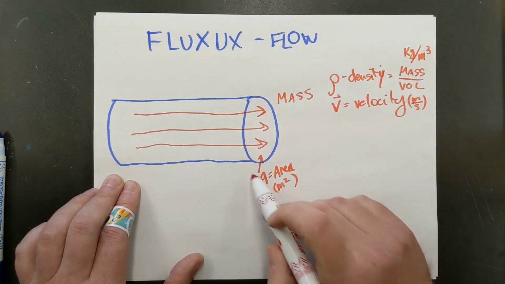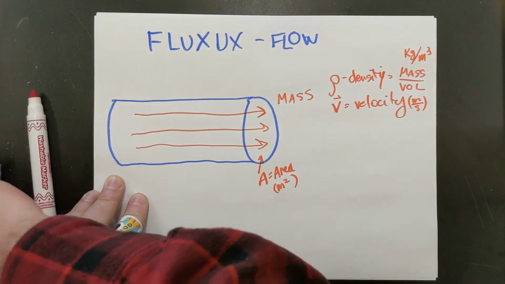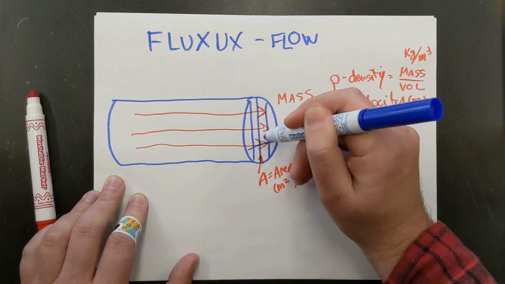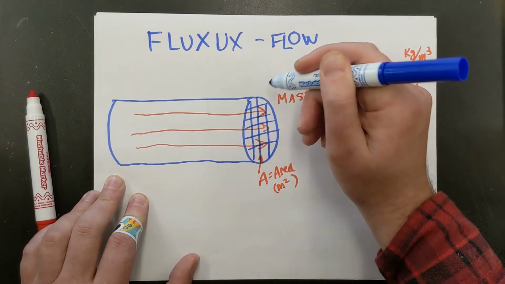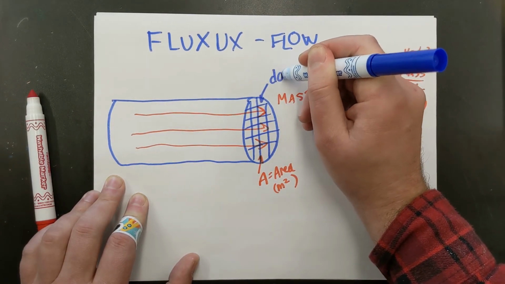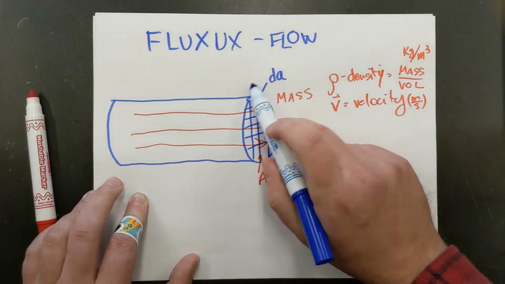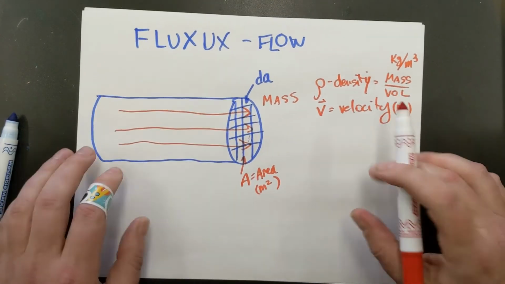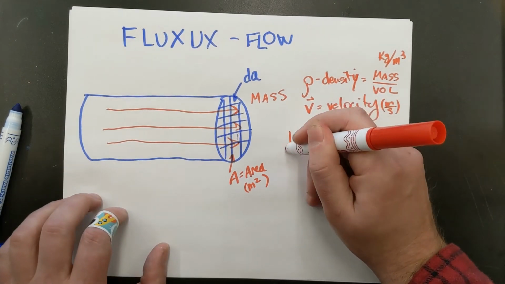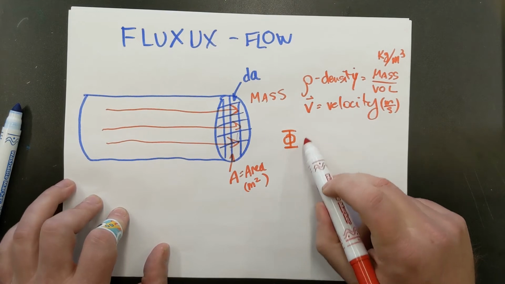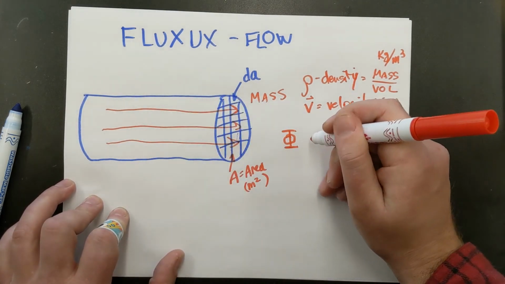So what do I do with these three things? Well, if I broke the end of this pipe up into little bits, and I called each of them dA, d area, then I just want to add up how much velocity goes through each little bit dA. So let's see how that would work. To find the mass flux, we use the Greek letter phi because it sounds like F for flux.